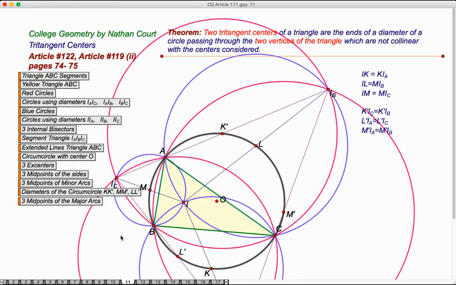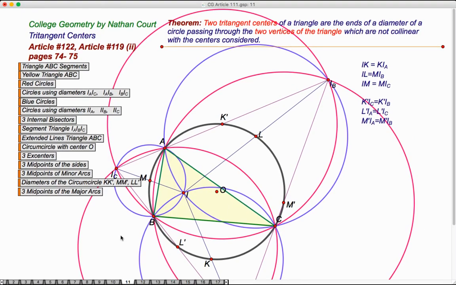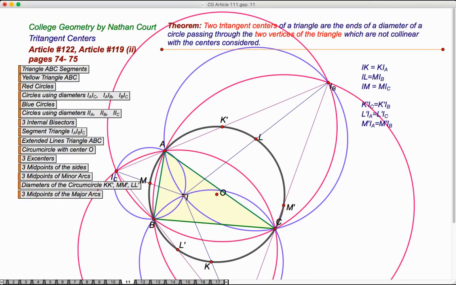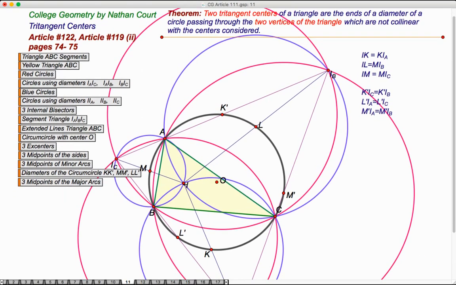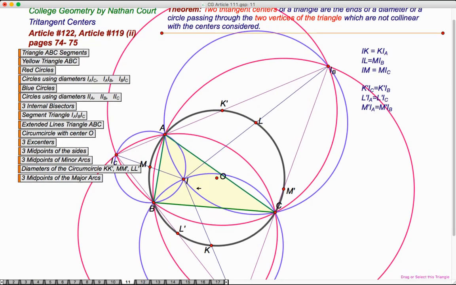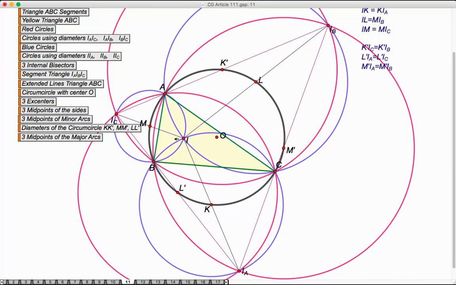Going back to Article 122, with respect to point I or incenter I, there are three circles that pass through it. The three blue circles.